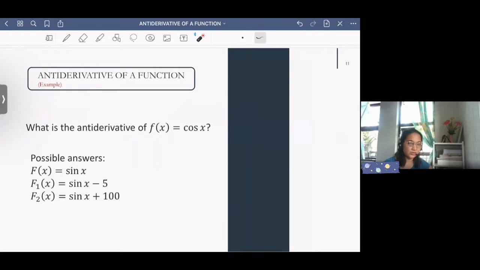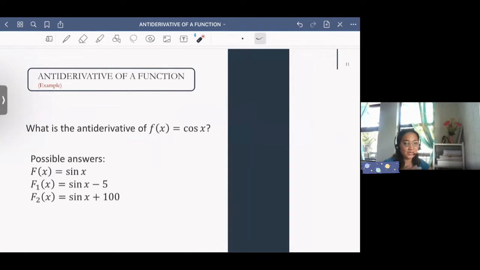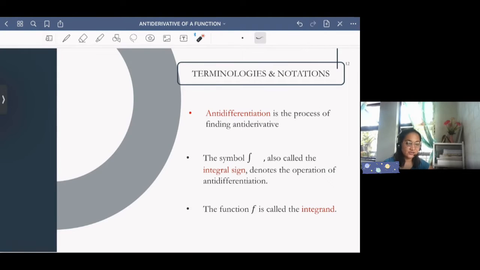So the only difference is their constant term. We will be using the variable c to denote the arbitrary constant for the antiderivative of a function, particularly for the general antiderivative of a function. Now let us proceed to different terminologies and notations that we will be dealing with in this lesson. First is anti-differentiation.